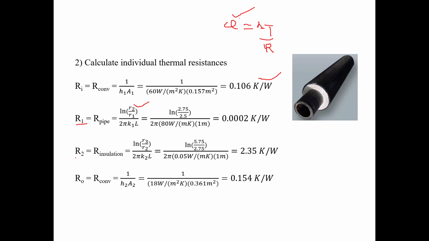Then we can calculate the resistance of insulation using the same formulation, just changing the values of r's, because when you are going from pipe to the insulation, the radii are changing. And then we have the final resistance from convection, again looking at the heat transfer coefficient and the surface area of the overall radii of the system.